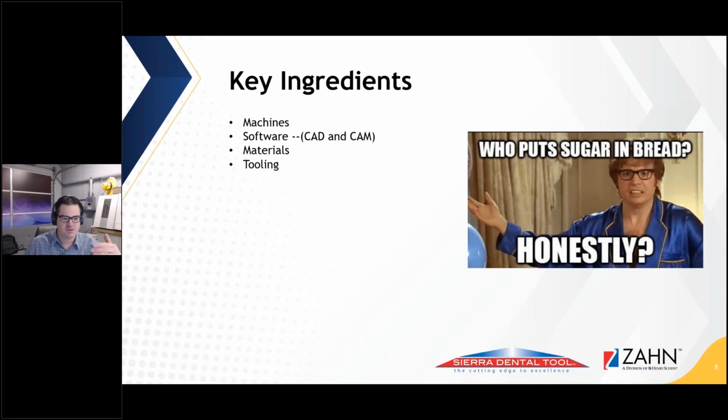If you make decisions around each one of those points in the right way, not only can you be successful with digital, you can also be extremely profitable and sustainable, and it can be really good for your lab business.